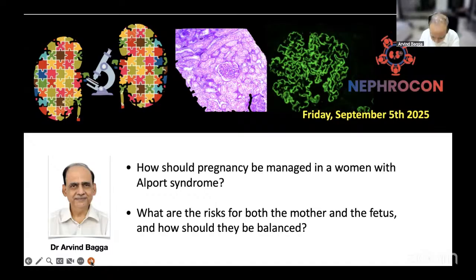Obviously, if you cannot do a kidney biopsy, then you cannot rely on electron microscopy and so on. And if you can't do genetics, it's a bit tough to definitively diagnose Alport. But as ma'am showed, the skin biopsy may help in some cases.